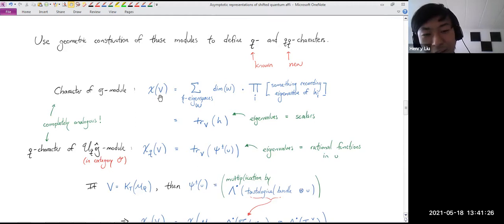The character of a G module will be a sum over the eigenspaces for the Cartan, and we'll have something inside the character which will record for us the spectrum of the Cartan on those eigenspaces. Your notation may vary, and it really doesn't matter how you encode these. You can pick your favorite way of writing these. Maybe you like to write e to the lambdas or something.